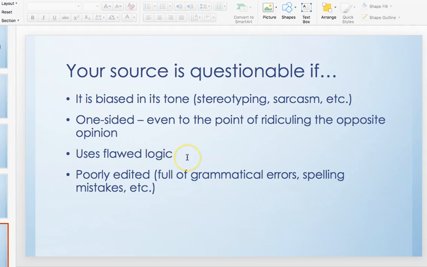Now remember, in an argumentative essay, of course you are going to be favoring one side more than the other, but you will still need to do it in a balanced way and in a balanced tone. But if your source is one-sided, they can even sometimes ridicule the opposite opinion, or disrespect it in some way, undermine it, and attempt to take away its validity, which you're not looking for.